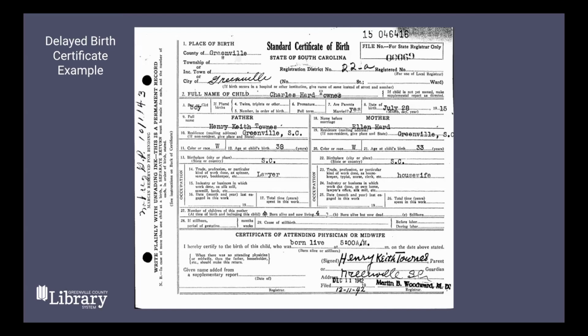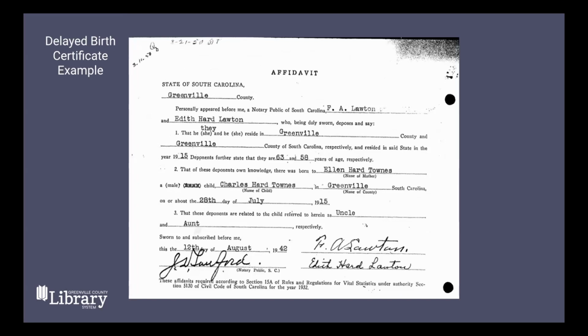So usually when you have a delayed birth certificate, you have to have something that shows that the information here is true. So when I go to this next slide, you'll oftentimes see like an affidavit attached to the record.